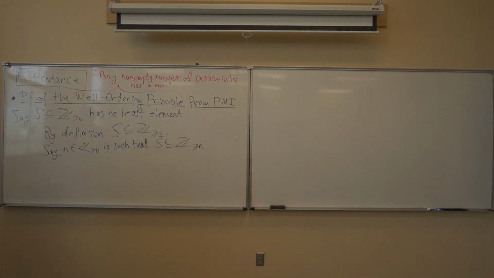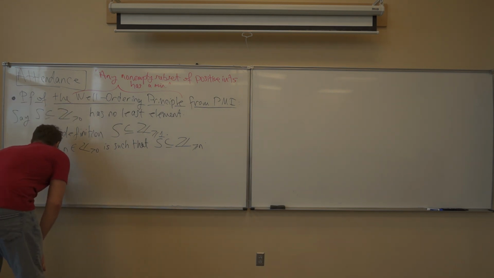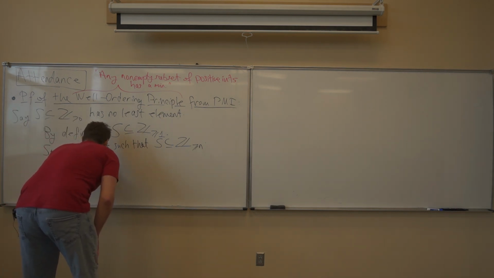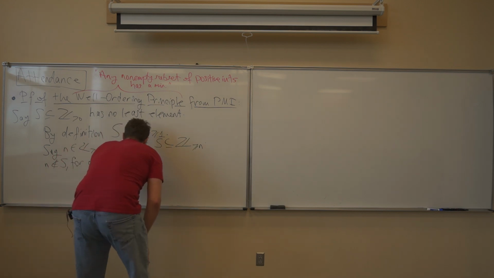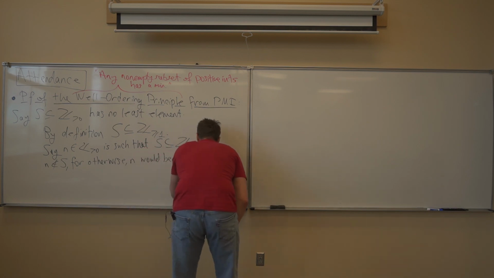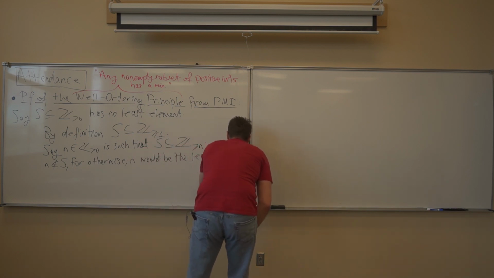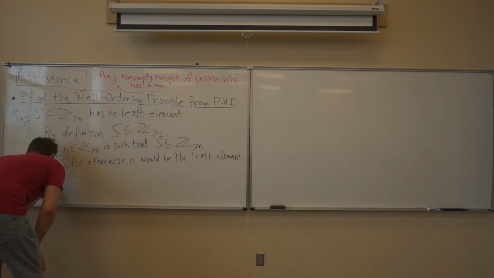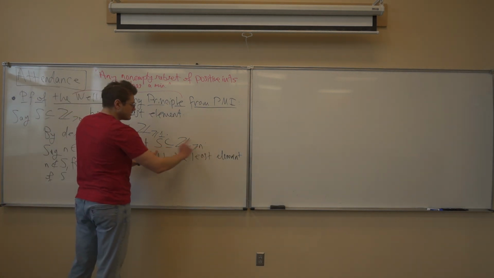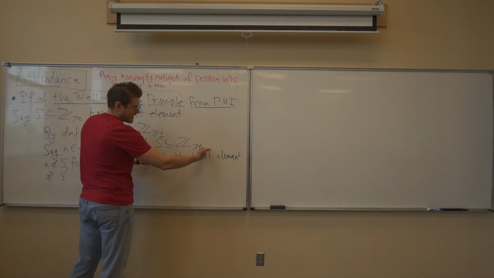But then n cannot be in S, because otherwise n would be the least element of S. n is not in S, for otherwise n would be the least element of S, because this assumption literally tells you that any element of S is at least n, right?